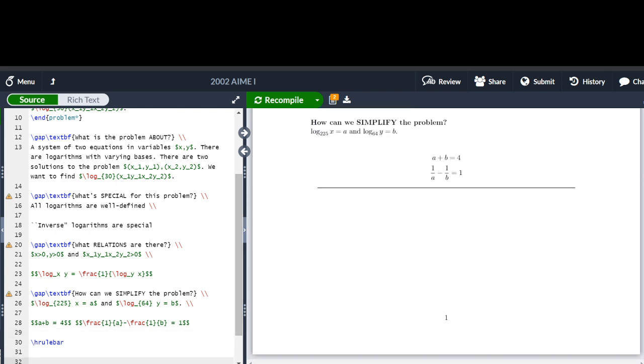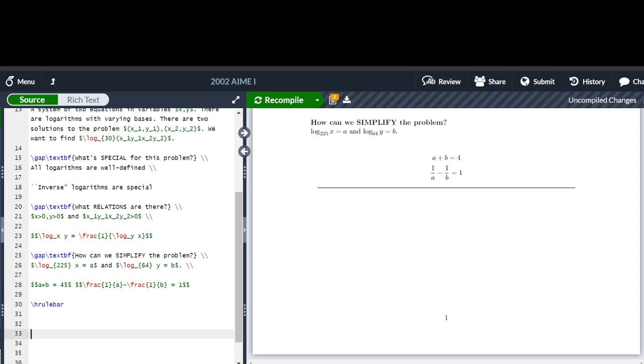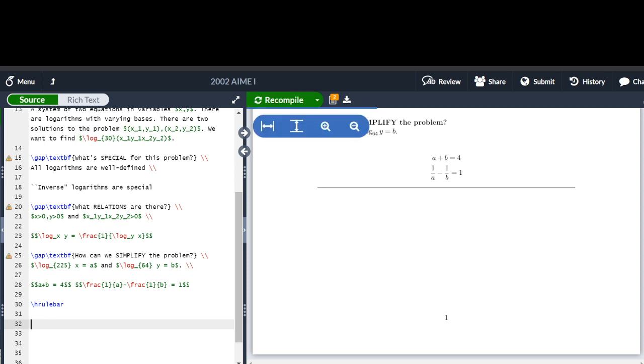So now we proceed to solving the equation. Our first equation is pretty nice because we have b equals 4 minus a. So we can substitute into the second equation.